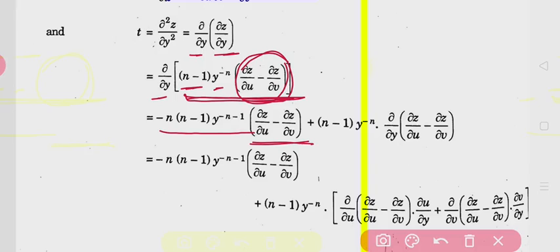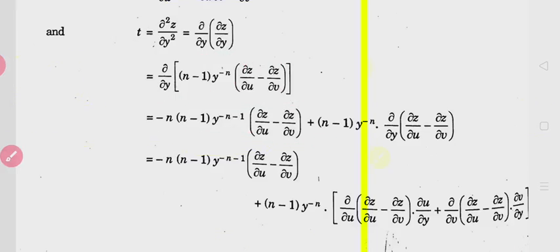Plus this term as it is, and the partial derivative of the remaining one. So one thing you have to understand over here.